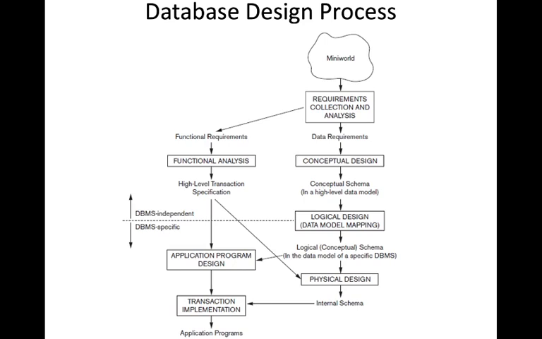If we are doing the conceptual design of a college automation software, we will represent this conceptual schema in some diagrams, and these diagrams will be given back to the customers or the users of the software for feedback, so that they will understand it and give feedback based on the conceptual schema.